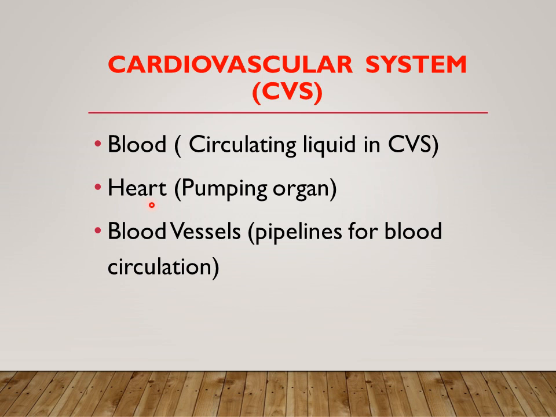The heart, by its pumping action, is circulating all the blood into the pipelines and channels, which are the blood vessels. So a cardiovascular system is composed of blood, heart, and its respective blood vessels, which are responsible to circulate the blood towards the tissue level in the human body.